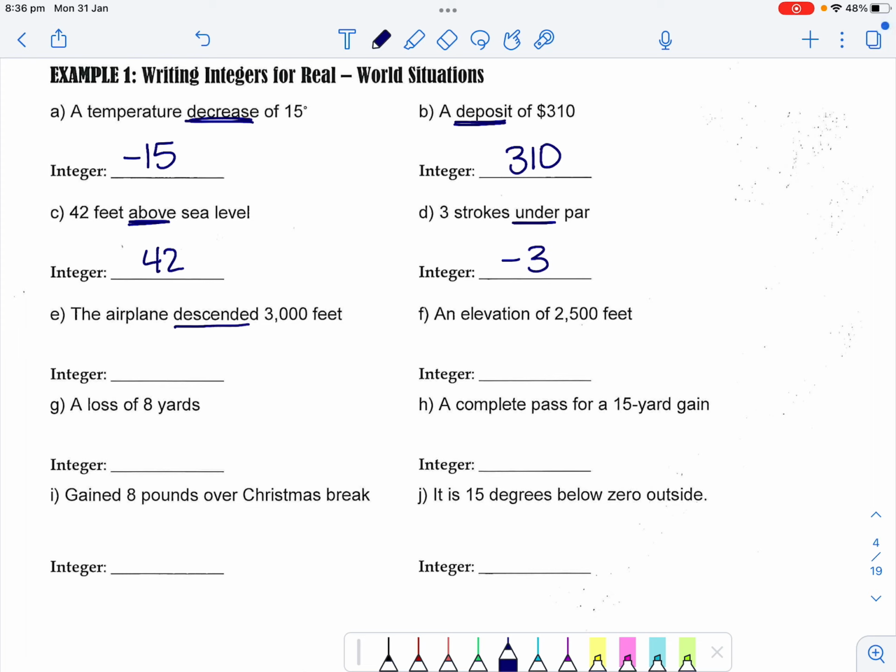The airplane descended 3,000 feet, so -3,000. An elevation of 2,500 feet is going to be positive 2,500. A loss of 8 yards is going to be -8. A complete pass for a 15-yard gain is going to be positive 15.